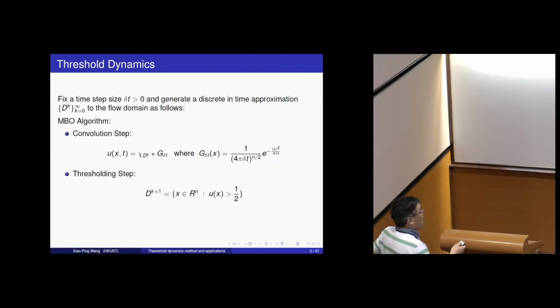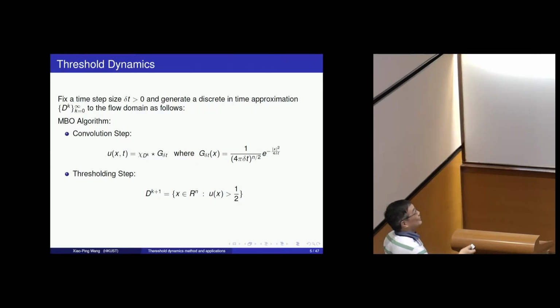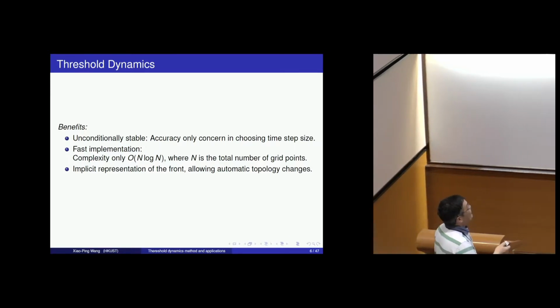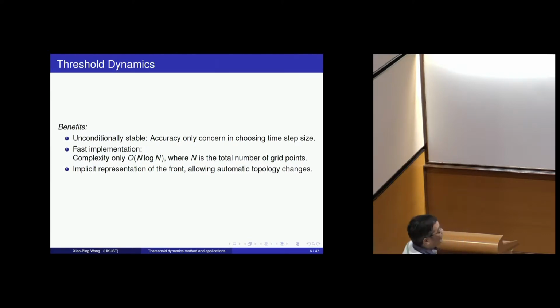And as you can see, this is very easy. A very simple numerical method, and very efficient because it's unconditionally stable. The computational cost is optimal because it's a heat kernel convolution, so this can be done by FFT.